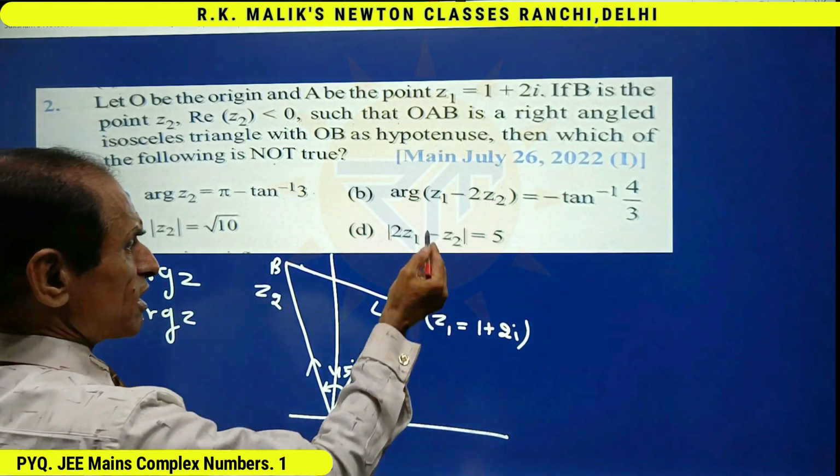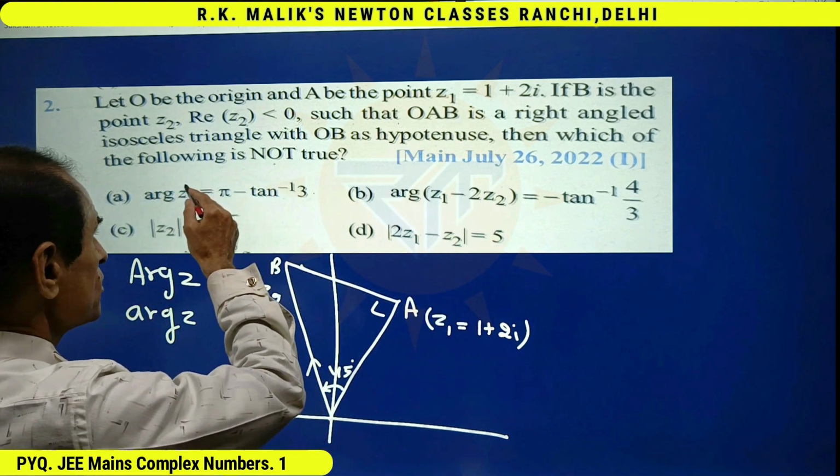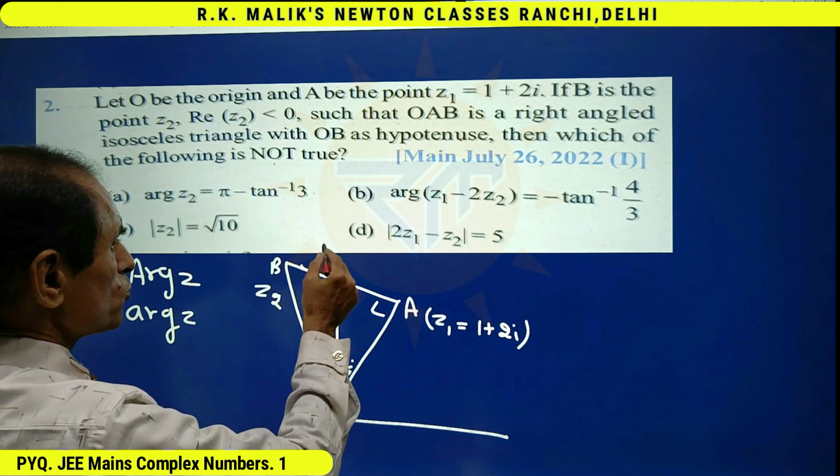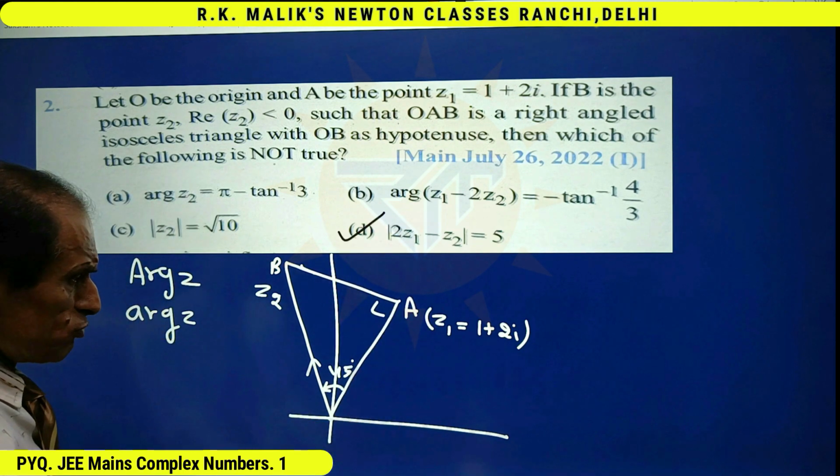Hence I can say the information of choice D is wrong, and because he wants the choice which is not true, and this information is wrong, hence D becomes the correct choice.